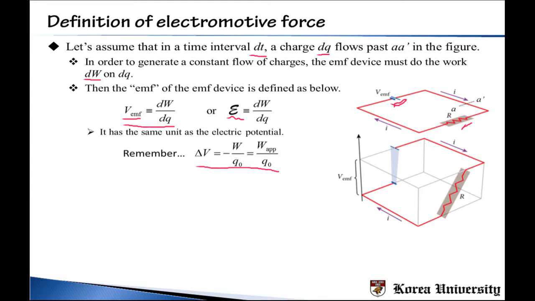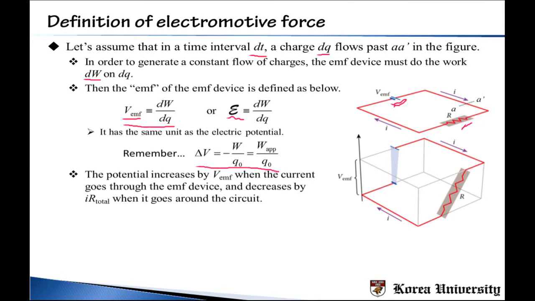Okay, and then the important thing you have to know is that when current is flowing through this EMF device, the potential will actually increase, okay, by this much, which is V_EMF.